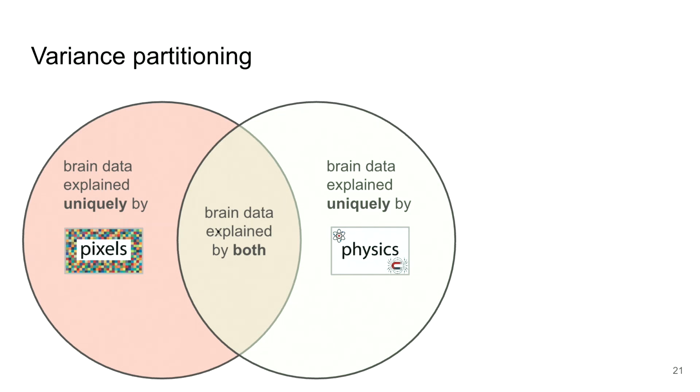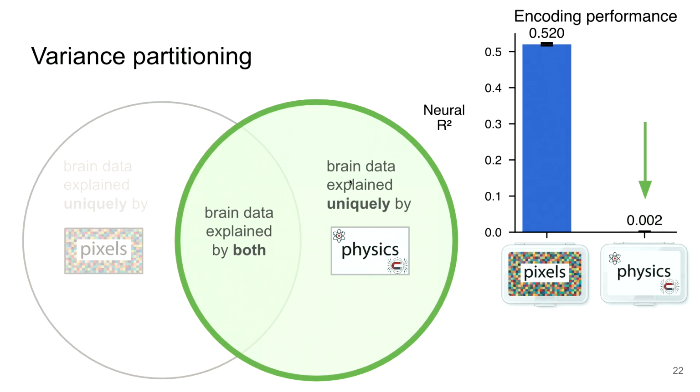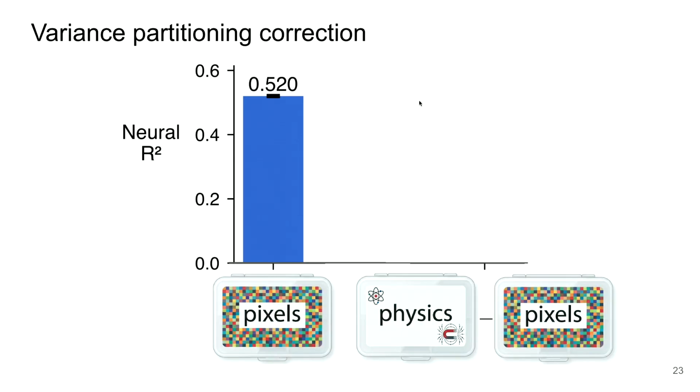And we want to control for this center area that could plausibly be explained by either sensory or abstract representations. What I showed you before, this result was really a measure of this circle, and we care about controlling for that center part again. So after controlling for that center part, we can calculate the unique variance of the brain data explainable by physics relative to the original sensory result. And the answer is approximately 0.